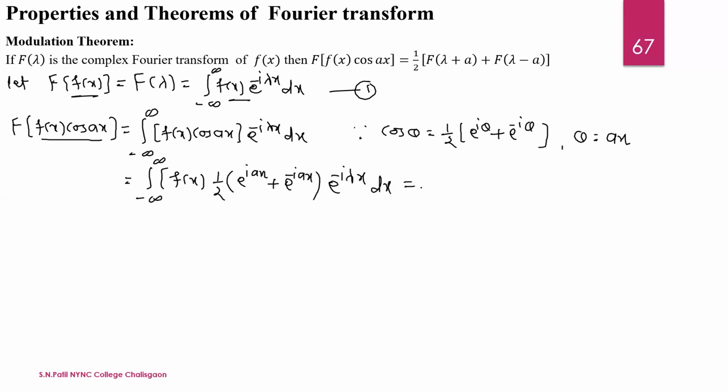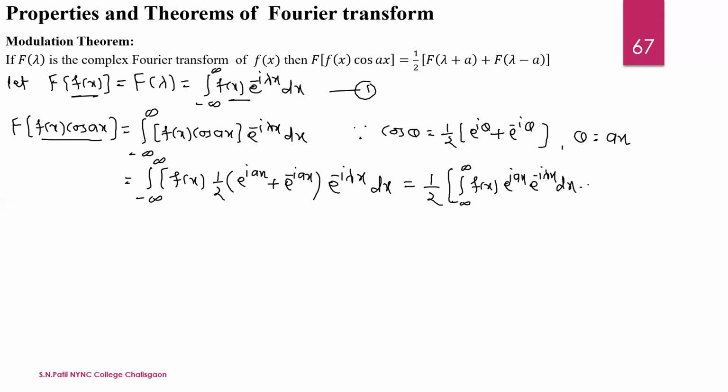Okay, is equal to, here 1 by 2 is constant. Now first I am applying the linearity property of integration, the f of x and this exponential function multiplied to the first term and plus multiplied to the second term. Now integral from minus infinity to plus infinity f of x e to the power I ax e to the power minus I lambda x with respect to x.